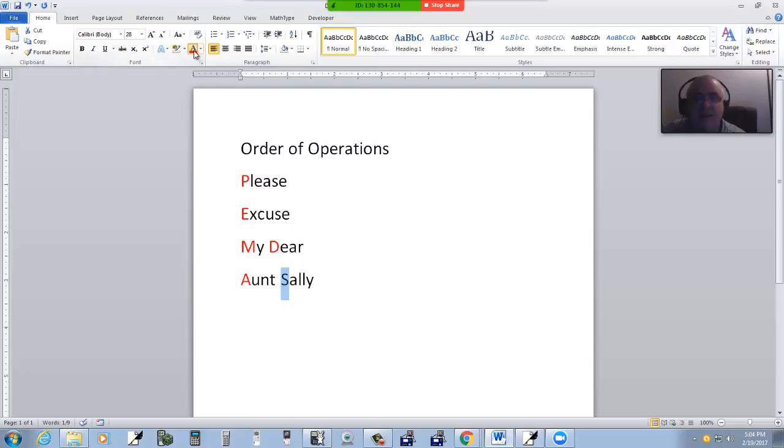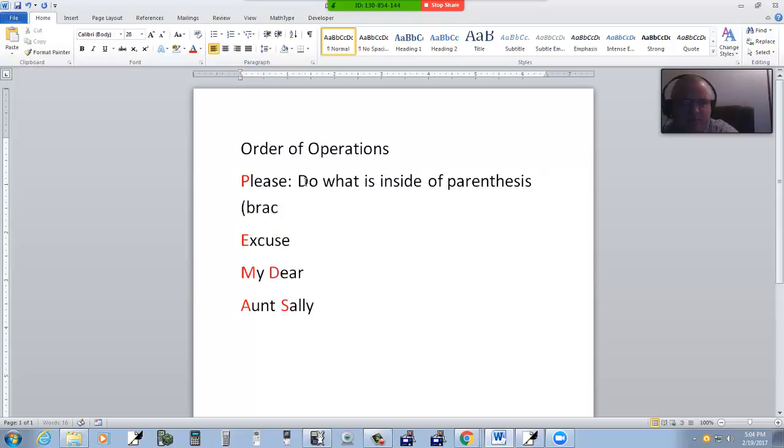Okay, the P. This tells us to do what is inside of parentheses, P for parentheses. Even more than that, included in there are brackets and absolute value. I have seen some books that actually include braces in there also. You don't see that as often though.